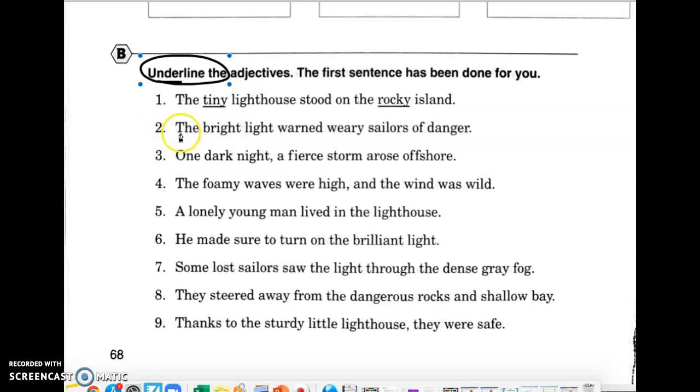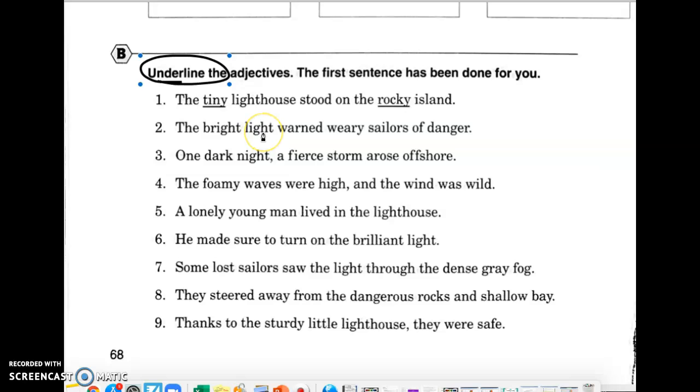Number 2, the bright light warned weary sailors of danger. So the first thing I might want to do is try to find my nouns in the sentence, the people, places, or things that the sentence has in it. The bright light warned weary sailors of danger. Okay, the first noun I see is light.